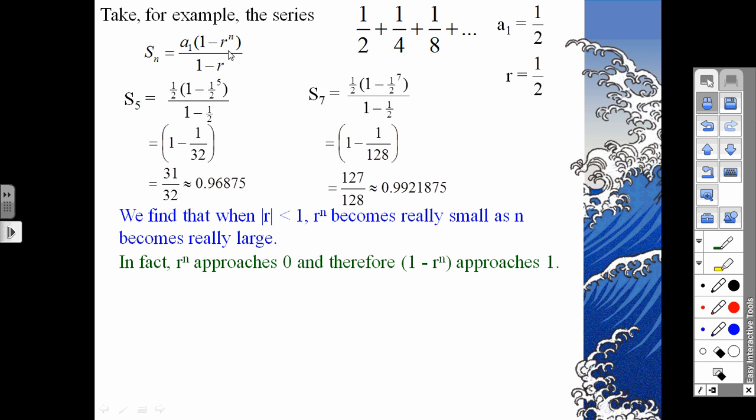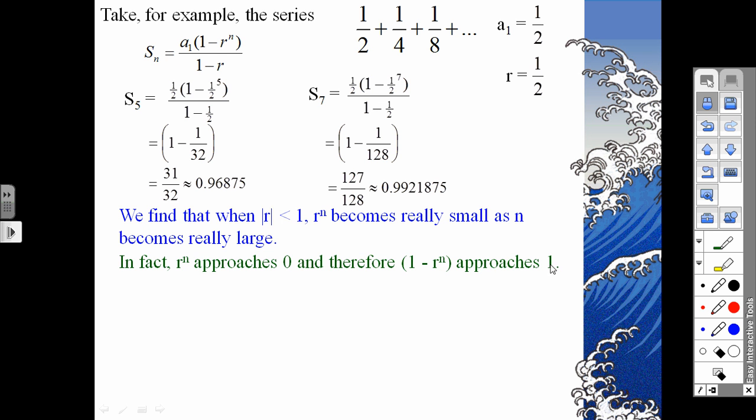Therefore, if this approaches 0, you are only left with 1 minus 0. So what you can say is 1 minus r to the n approaches 1. Okay, so 1 minus 0 is 1, so 1 minus r to the n is going to approach 1.